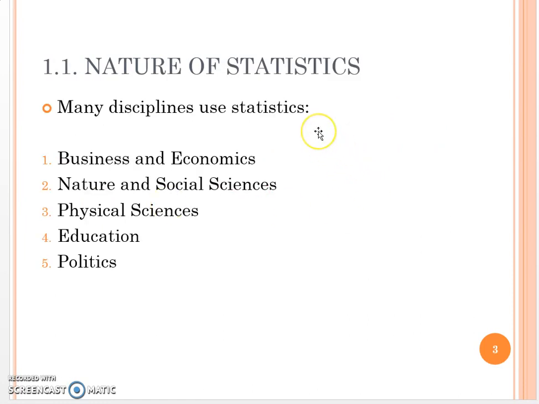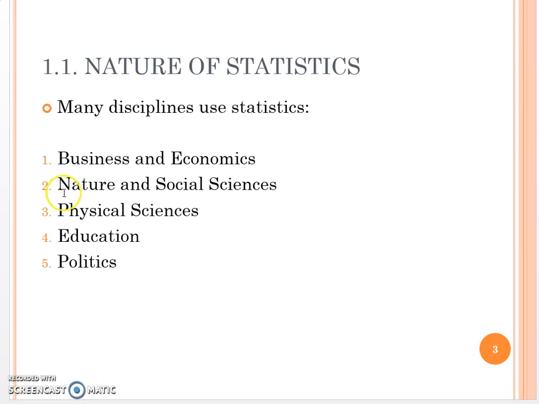So next we're going to talk very briefly about many disciplines that use statistics. In business and economics we use statistical data to make analysis of what's going to happen to the economy in the future, and also to analyze the economy in the past. In the social sciences and natural sciences, we use stats a lot, especially when you're doing experiments.